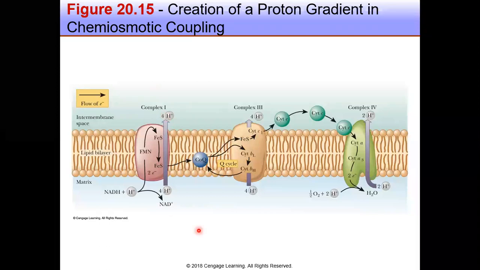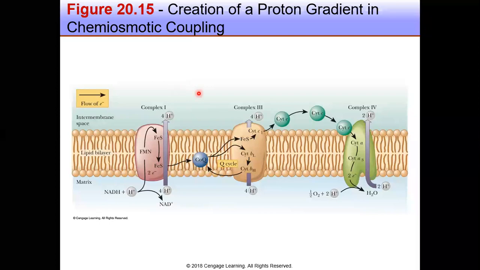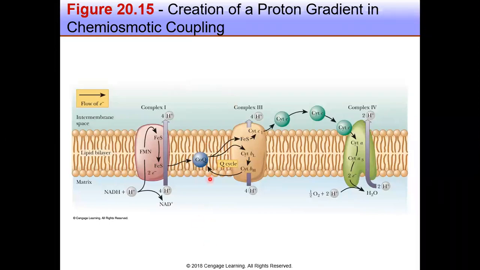Then, when protons move from the matrix to the intermembrane space, there is the so-called proton gradient. As a result, there is a higher concentration of protons in the intermembrane space than in the matrix, which is precisely what we mean by proton gradient.